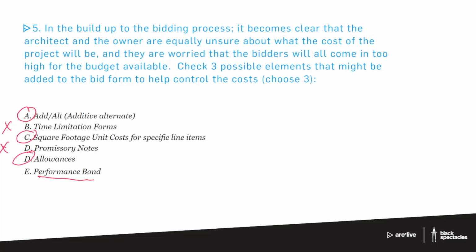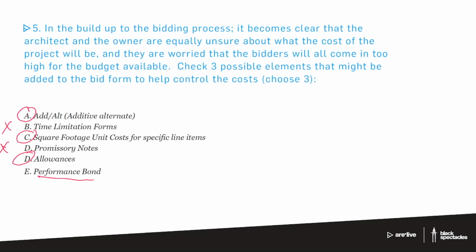So that might be linear feet of a certain kind of material. It could be square footage of a certain roofing material or flooring material. It could be any number of different unit costs that you have them list in order to be able to give you information after the bid to craft the final project.